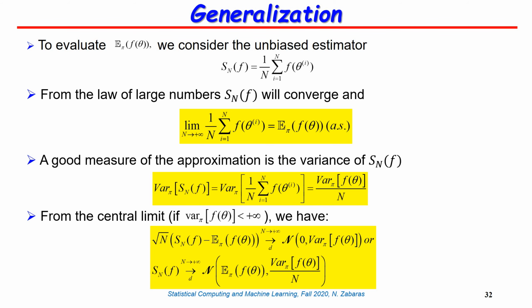So the equations look identical to what I had in the dart throwing experiment, but now we're using this to calculate the expectation of any random variable f of theta under the distribution pi of theta. Basically, the integral of f of theta pi of theta d theta is approximated by the Monte Carlo estimator.